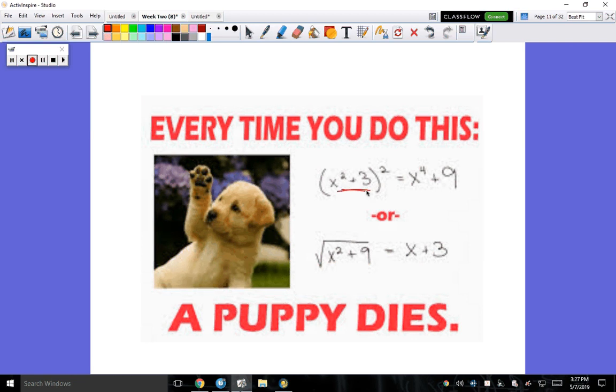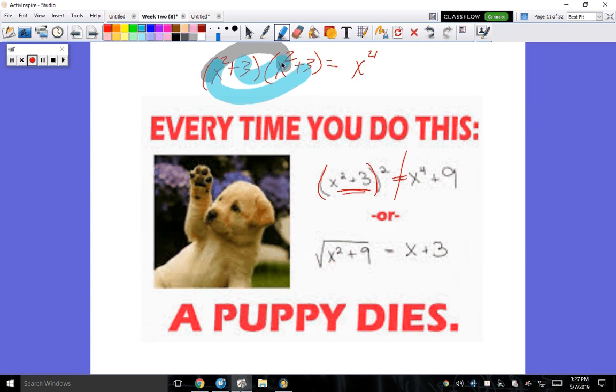X squared plus 3, quantity squared, does it equal x squared plus 9? Or x to the 4th plus 9? No, it does not. That's bad. Don't think that. This, remember, has a multiplicity of 2. And we just did it. That would be first. That would be outside and inside.